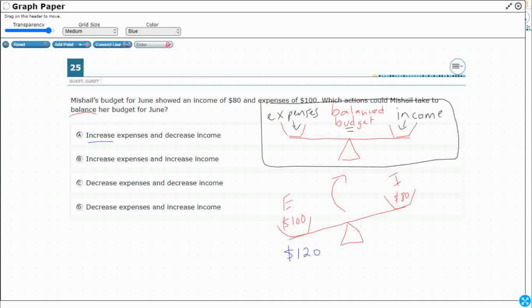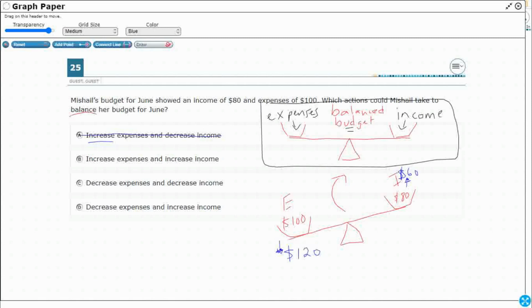So that's actually going to make it a little bit heavier. And decrease the income, that means it's going to be a little bit lighter, like maybe $60. Okay, so if it's $60, well, guess what? That's going to go that way. So that is the exact opposite of actually what we want. That's going to make it more out of balance. So no on A.